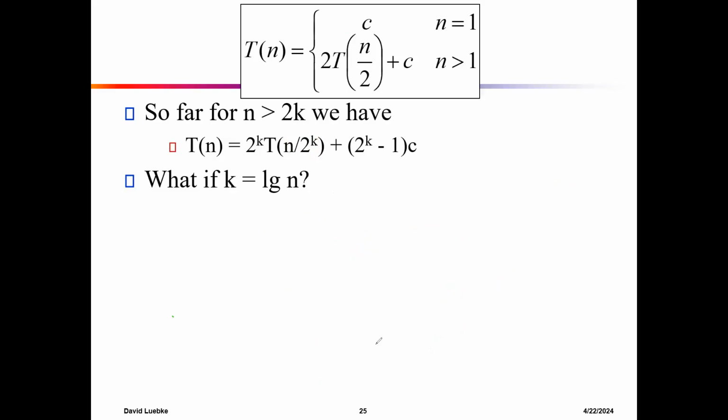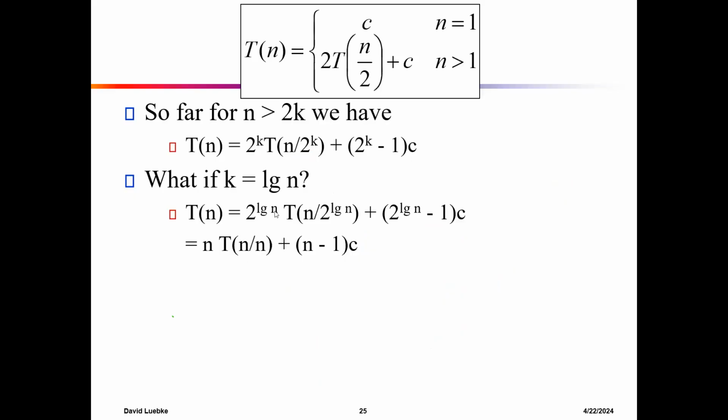Let's see what they will tell us here. We continue. So obviously, log of n is coming into our factor here, 2 to the power of log n. And anything to the power of log n, right, is n. So t n over n, you'll get n t1 plus n minus 1 c. And this is n, and that's what I had just now.